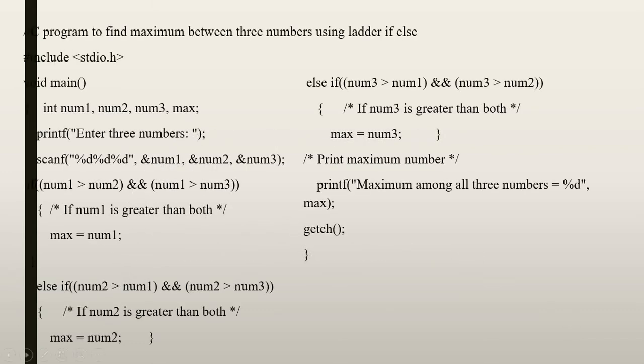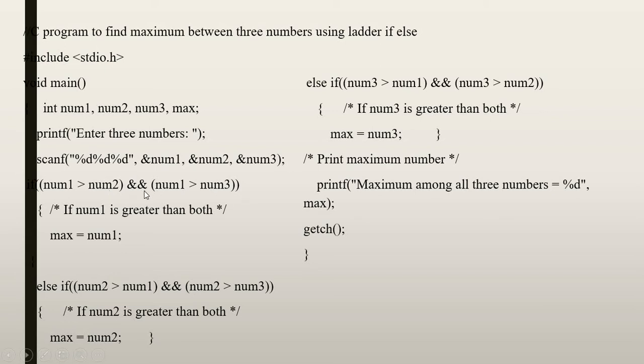Now the second method, that is the ladder if else. Over here, allowing the user to enter three different numbers. Now over here within the ladder if else we are using the AND operator. Means at the time within the if condition it is checking both the conditions.